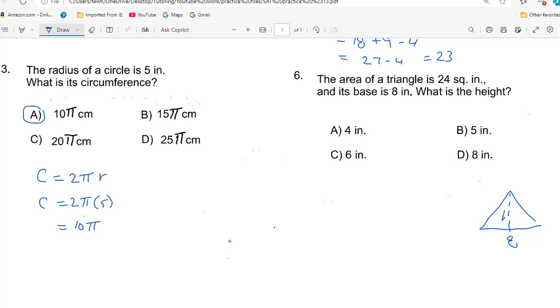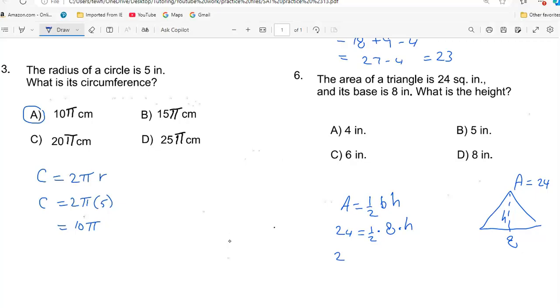Area equals 24 square inches. So we know the area of a triangle equals what? Half times the base multiplied by the height. We have 24, that is the area, equal to half multiplied by the base, which is 8, multiplied by the height. And from this equation we can find the height.